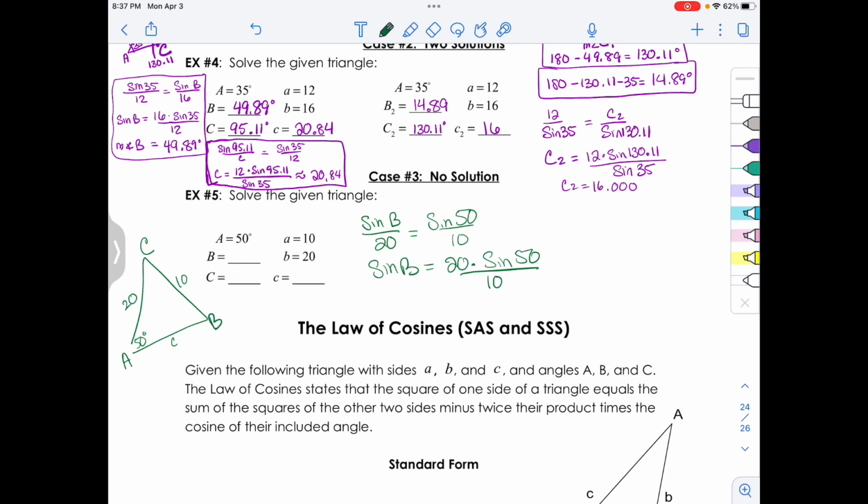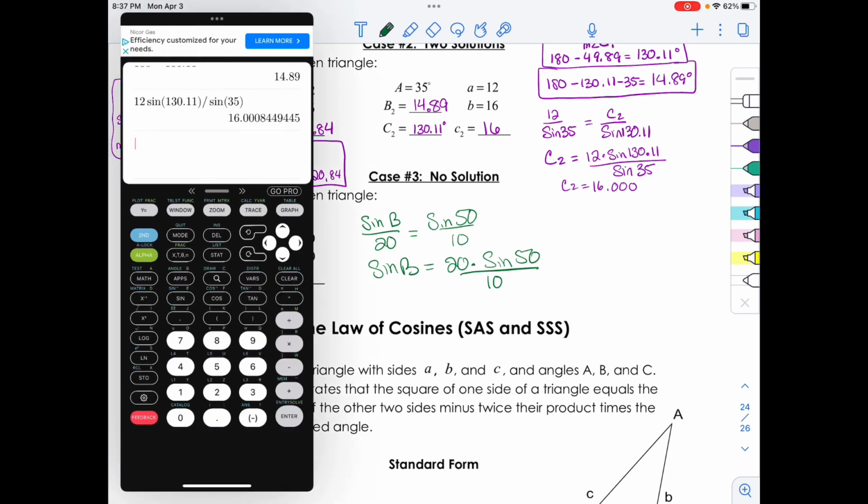Now, instead of putting this all in my calculator in one step, I want to show you two things. If I put this in my calculator all in one step, it's going to give me an error. I'm going to do sine inverse of 20 times the sine of 50 divided by 10. But if I just do 20 times the sine of 50 divided by 10, I get a value. I actually get a number, 1.53.